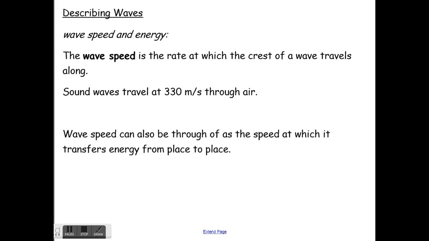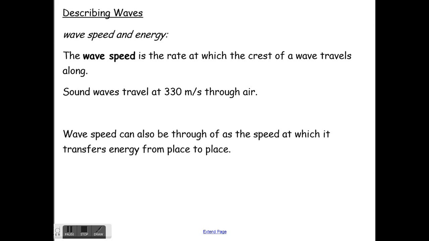So wave speed can also be thought as the speed at which it transfers energy from place to place. Because more than just sound, light, for example, or radiation from the sun, which gives us our light as well, travels as a wave, and you can determine the speed of that by just watching one crest traveling through.